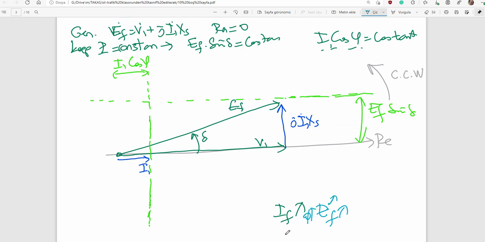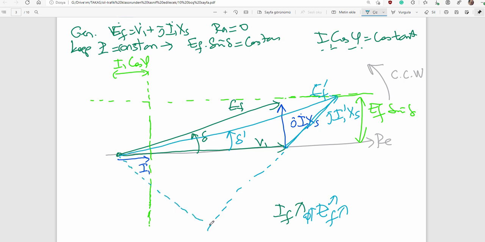When EMF increases, here you see, let's say EF, and then there is a new vector, which is jI' prime XS, and here's a new delta prime, and here's a new current vector, which is 90 degrees lagging than this one.